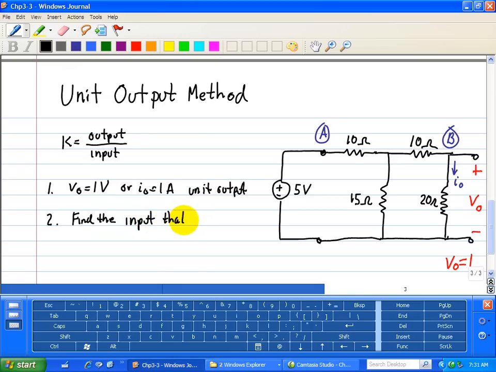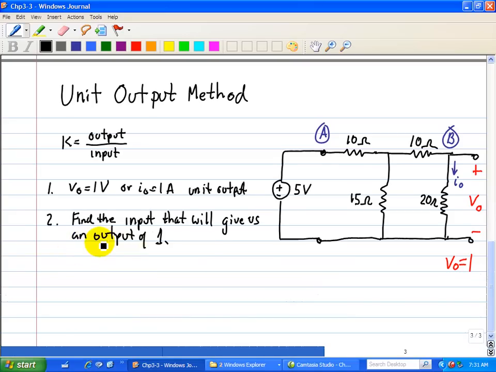that will give us an output of 1. And here we continue to apply KCL, KVL, and Ohm's law to find that input.